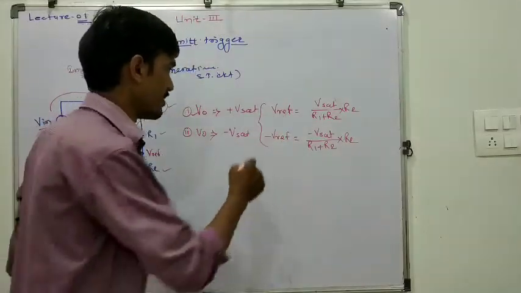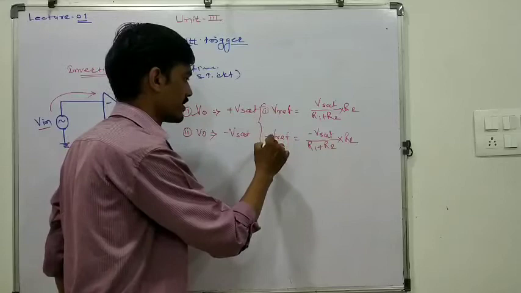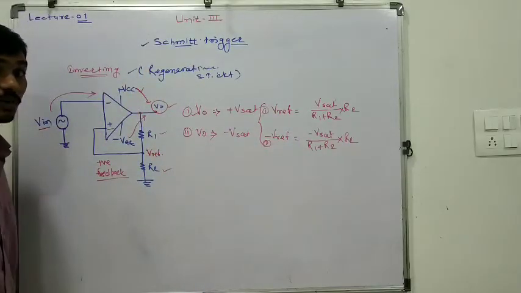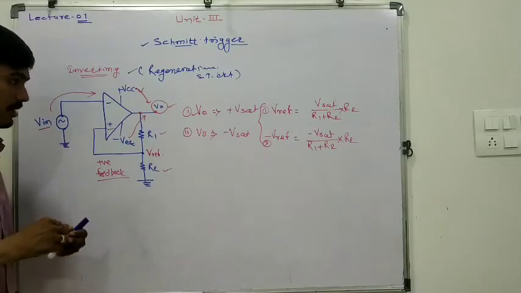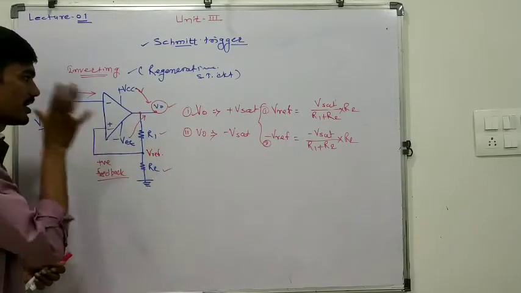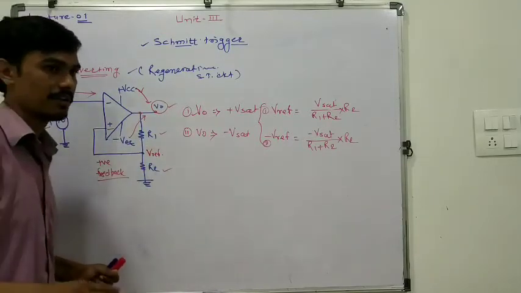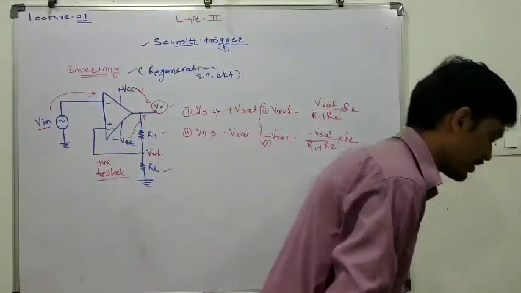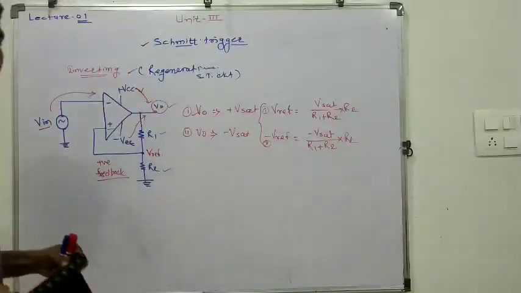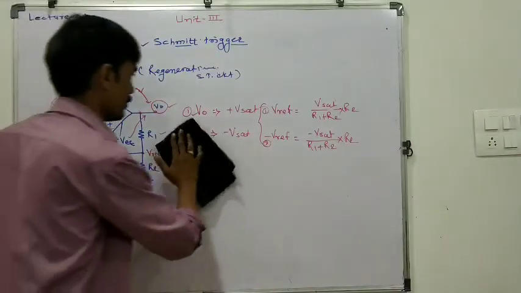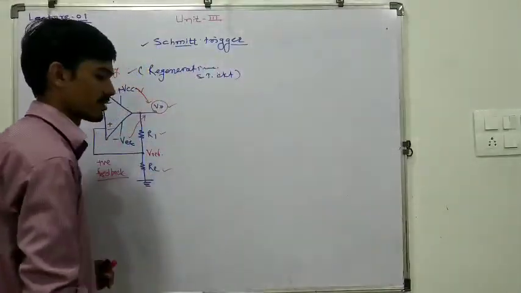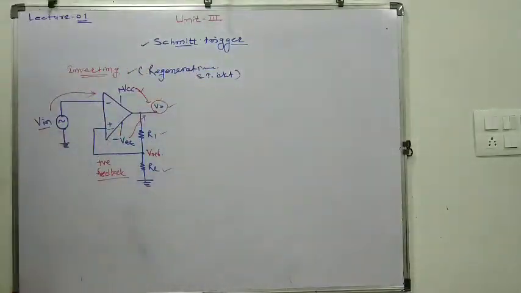Ultimately we feed back this V reference and this V reference to this terminal, that is the positive terminal. So this is all about the circuit parameters which we need during the working of the operational amplifier Schmitt trigger circuit. Now let us move towards the working, how it works, how it generates the square wave.